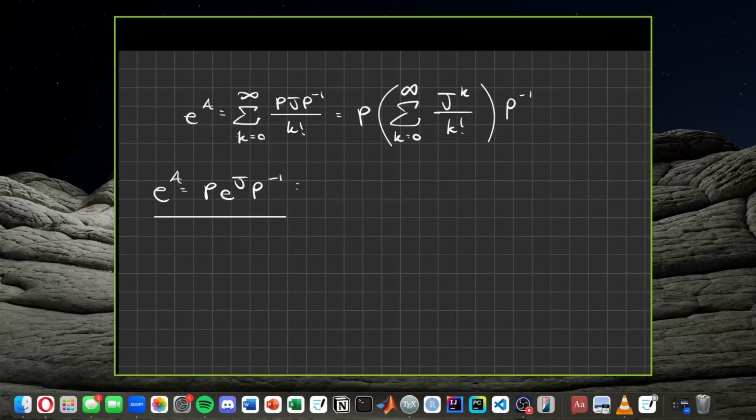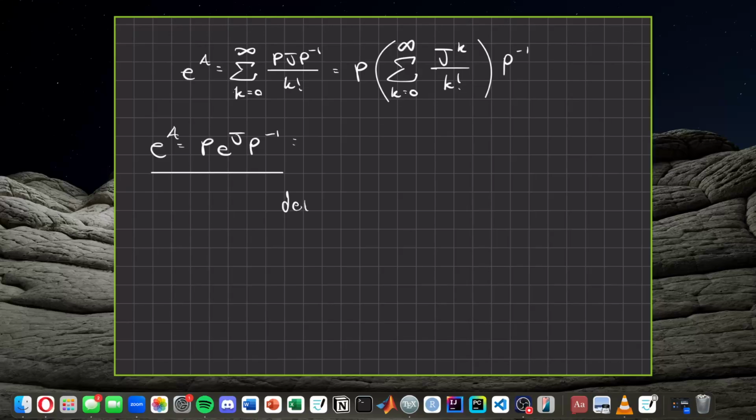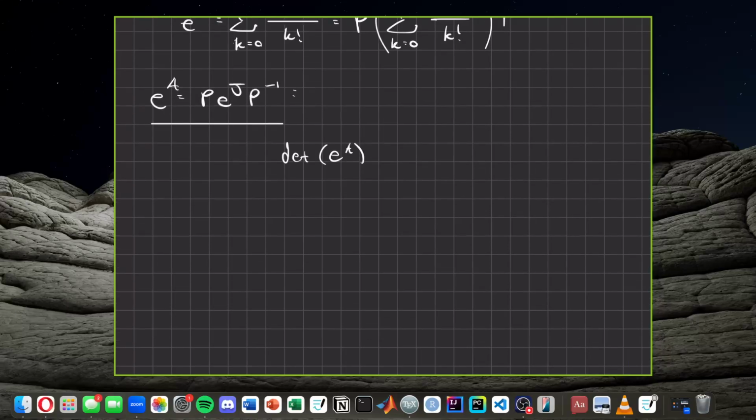So what can we do with this now? Let's just look at the left-hand side of the equation that we want. We're looking at the determinant of e to the A. Now, I talked about the determinant. The determinant takes some square matrix in a field and outputs a scalar of that field.